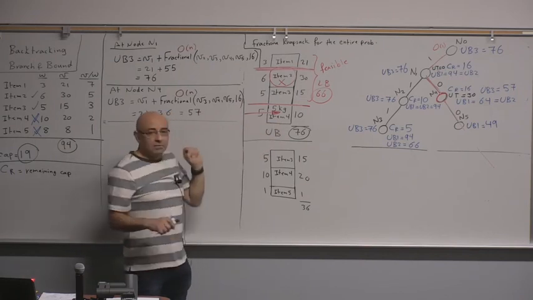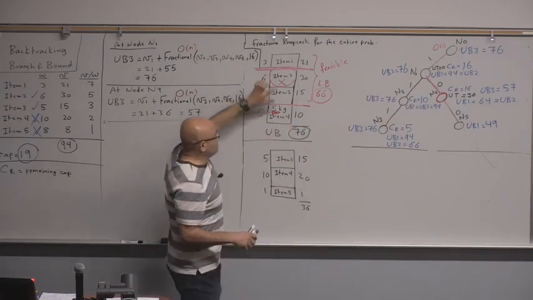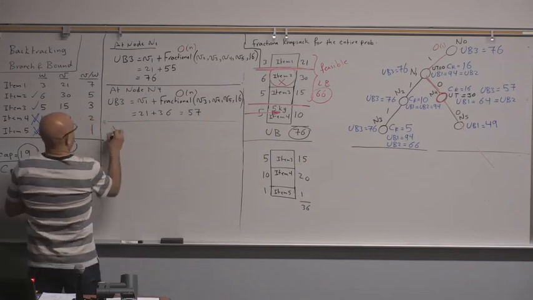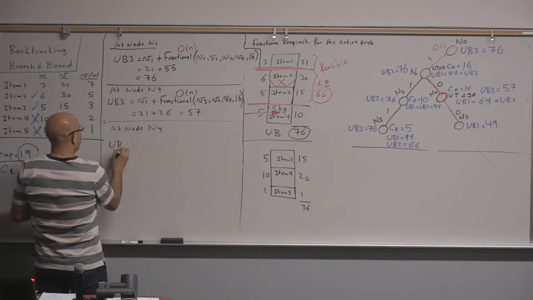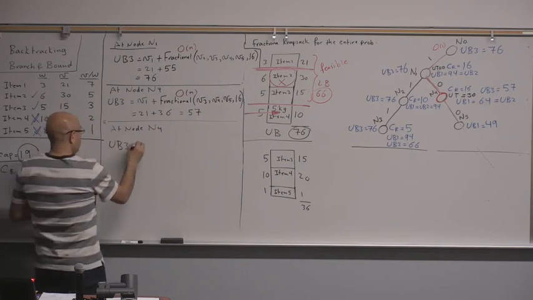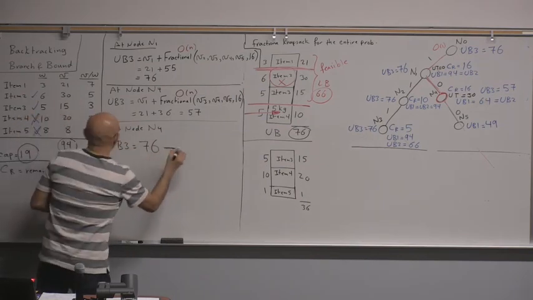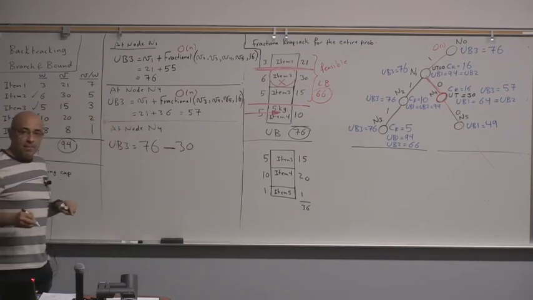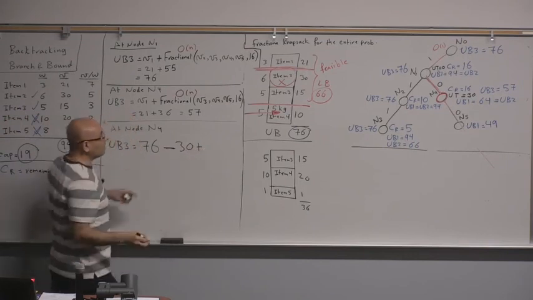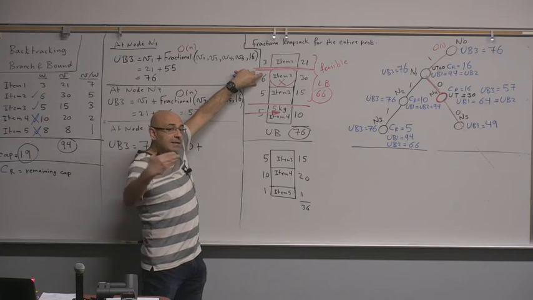Okay? So with this decision of not taking item 2, all I can say is at node 4, upper bound 3 equals the 76, the original upper bound, minus the value of item 2, which is 30, plus what I can fit in the extra 6 kilograms that became available to me.